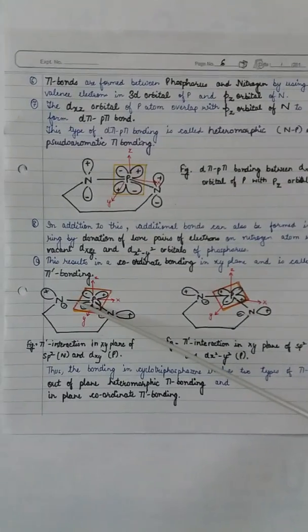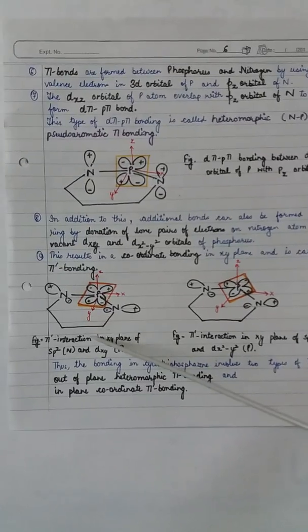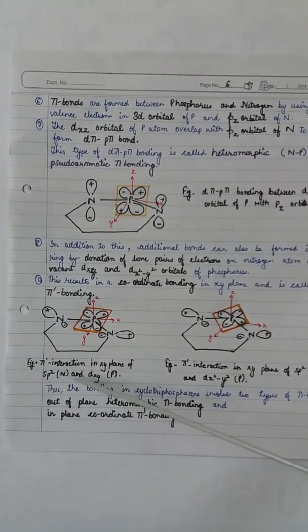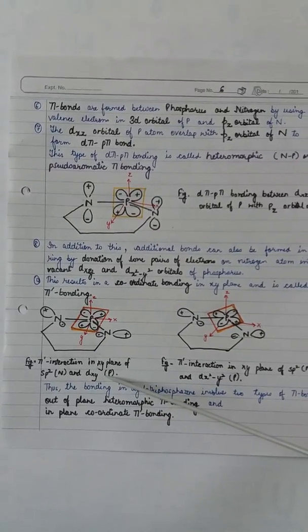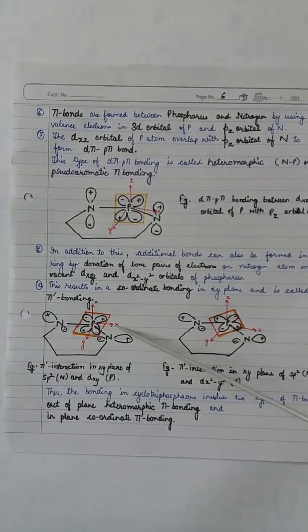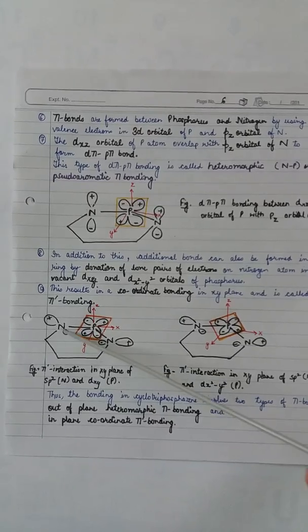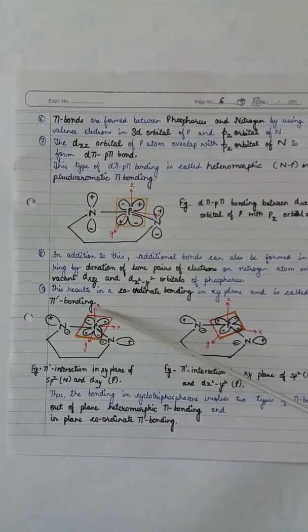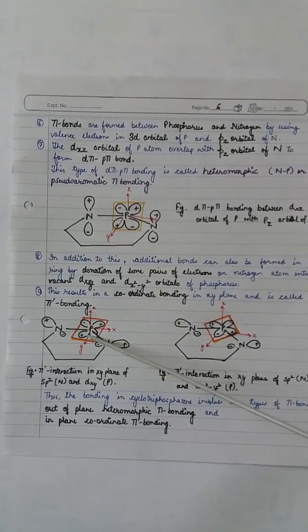Here you can see there is a pi dash interaction in the xy plane of the sp2 hybridized nitrogen and dxy of phosphorus. You can see it is in the xy plane, and this nitrogen atom is donating its lone pair and coordinating. So it's a kind of coordinate bond which is formed here.